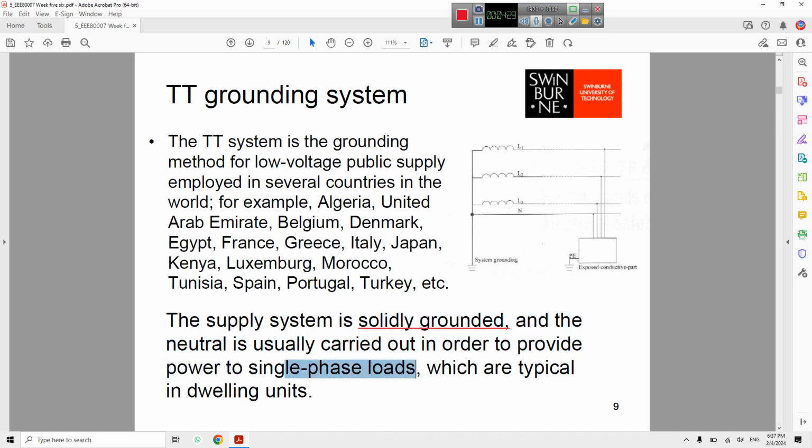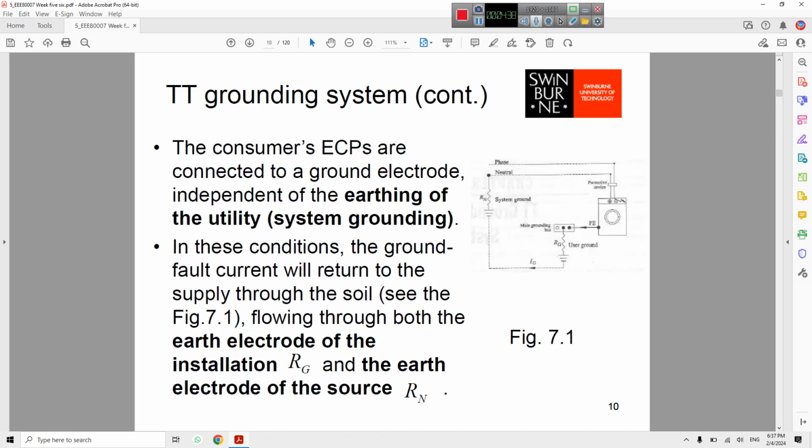It's mentioned here, typically in dwelling units, I mean single phase users or loads. The customer's ECP are connected to the ground electrode independent of the earthing of the utility. So this is separate. We are talking now about RG, not RN, the G side.